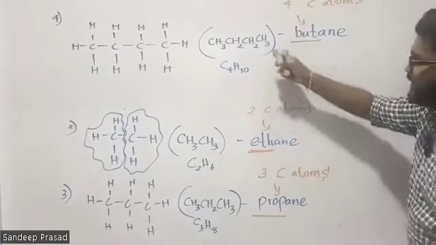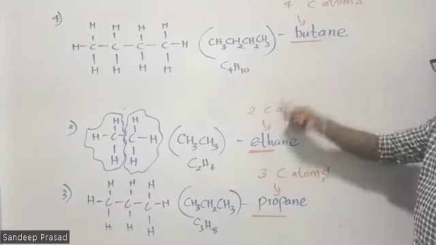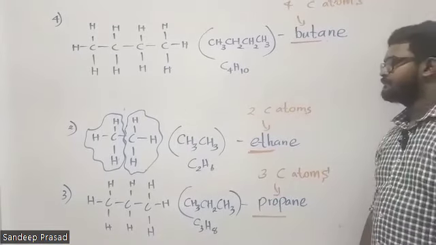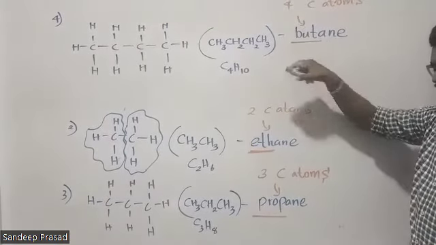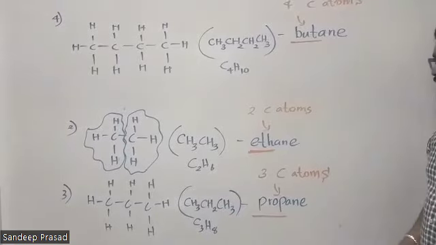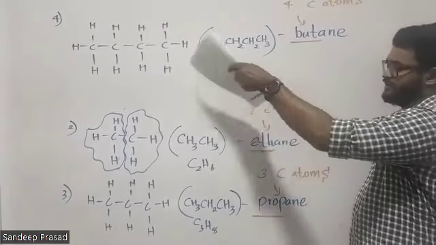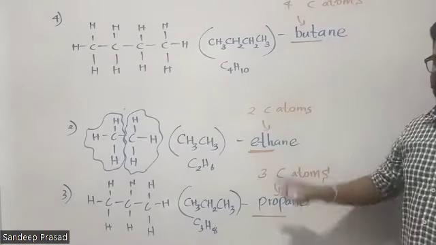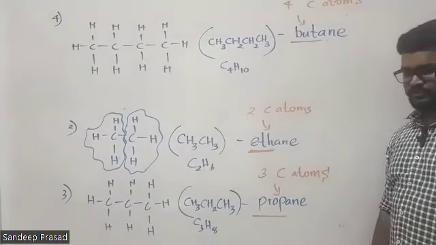So likewise, we can continue: pentane, hexane, heptane, octane, nonane, decane. Easy, right? Methane, ethane, propane, butane. Methane is CH4, and then we saw that ethane is C2H6, propane is C3H8, butane C4H10. Quickly draw this one.